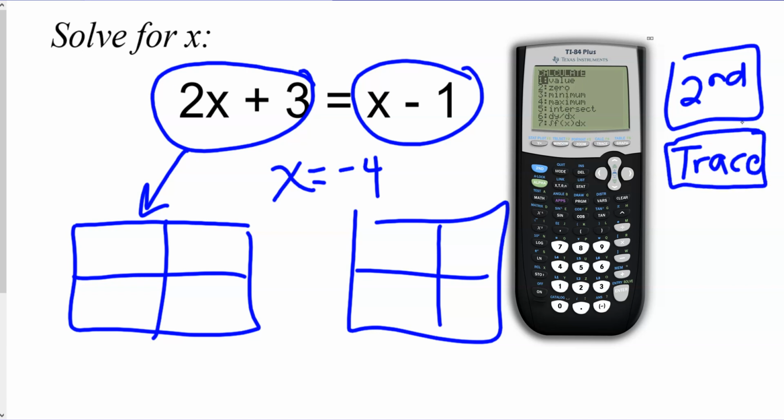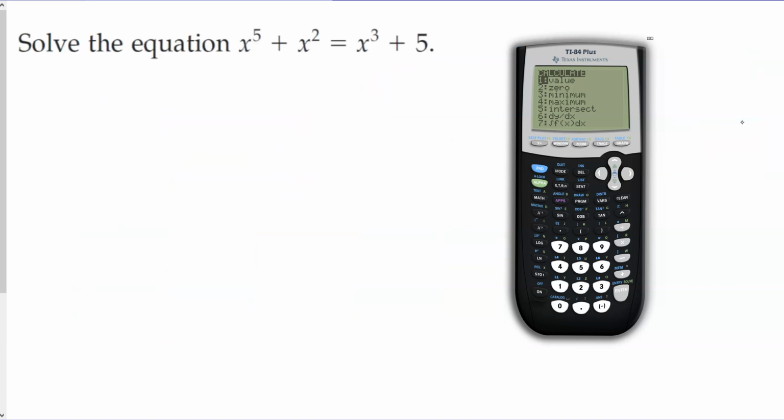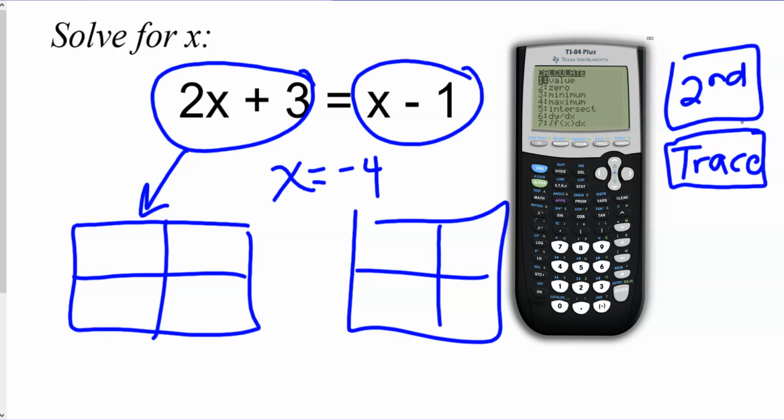And in this menu we're looking for an option that's going to help us figure out where those two lines intersect. And you'll notice that that's right down here. The fifth option says intersect. So I'm going to hit the number 5. So it's second, trace, 5.